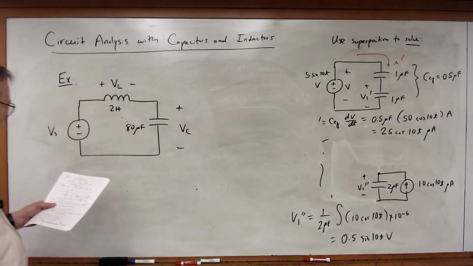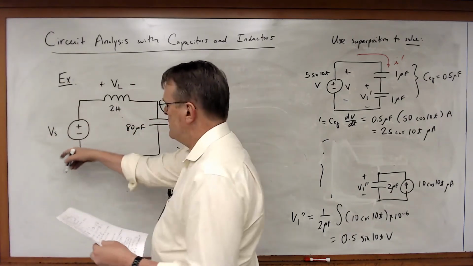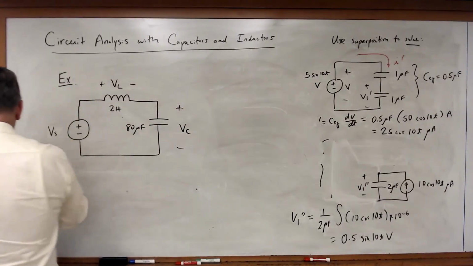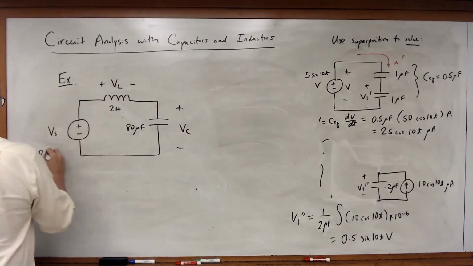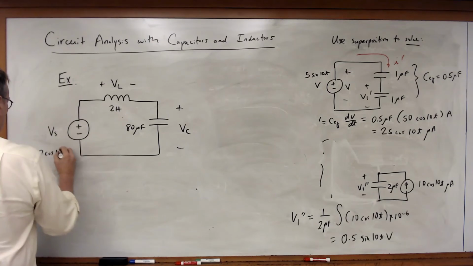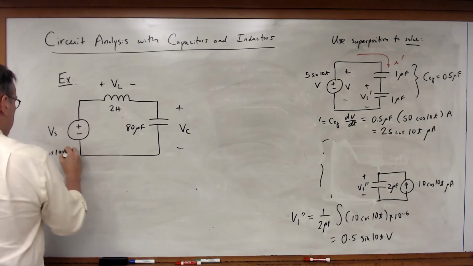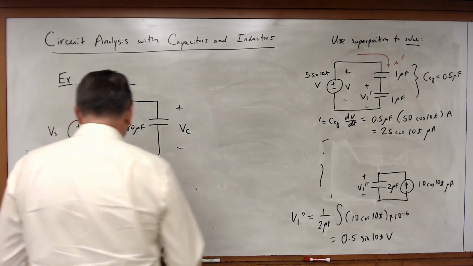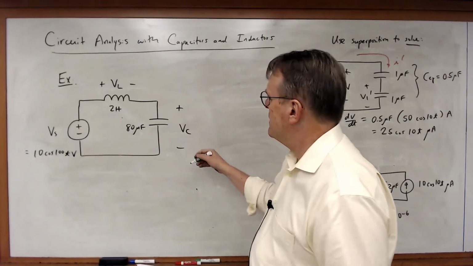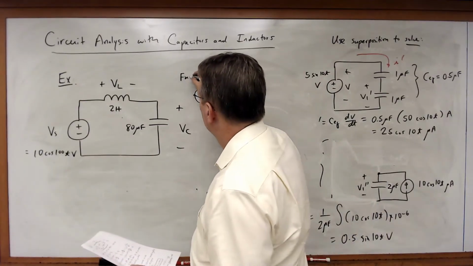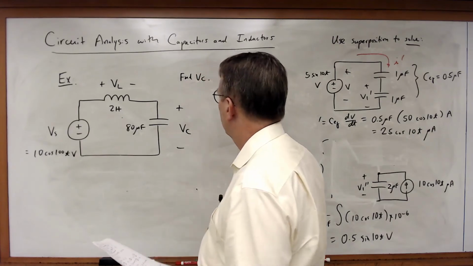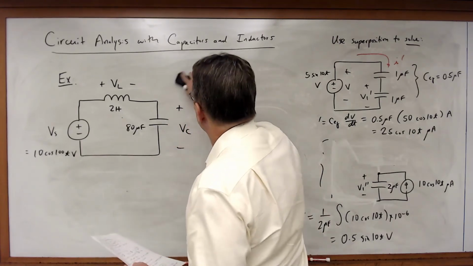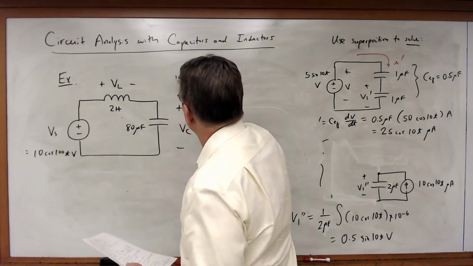Okay, let's say we had, in this case, Vs equal to 10 times cosine 100t volts. And given that, I want to find Vc. How do I find the voltage across the capacitor?